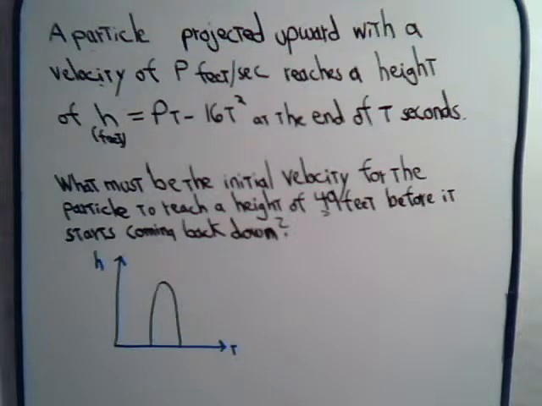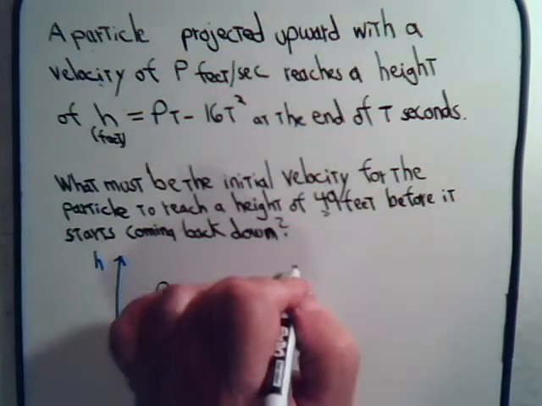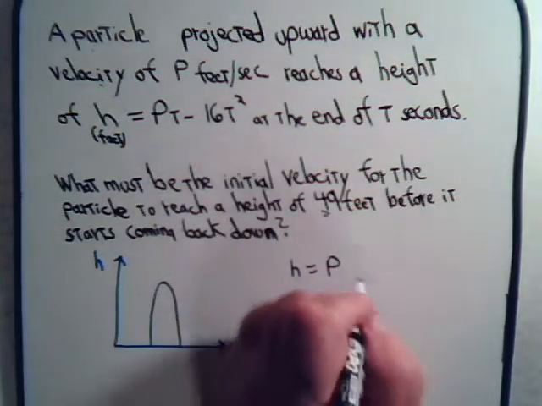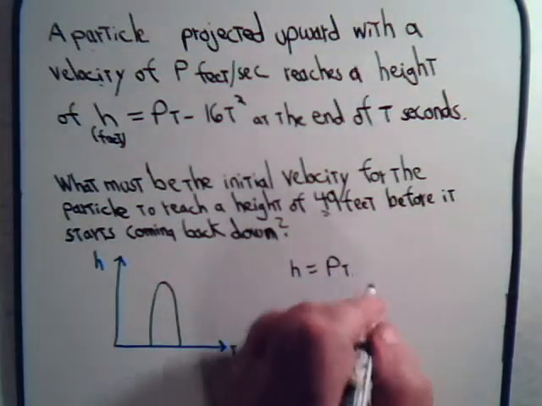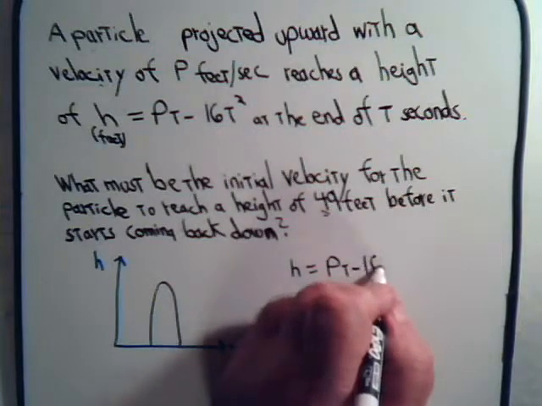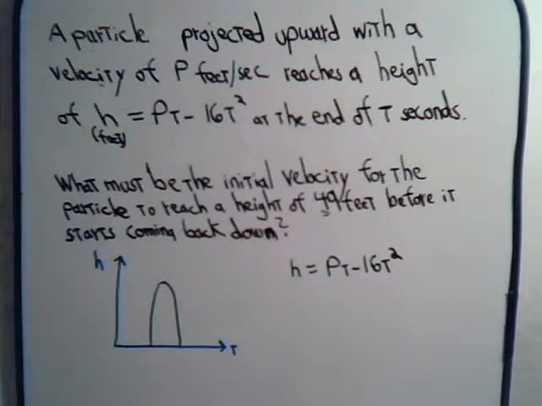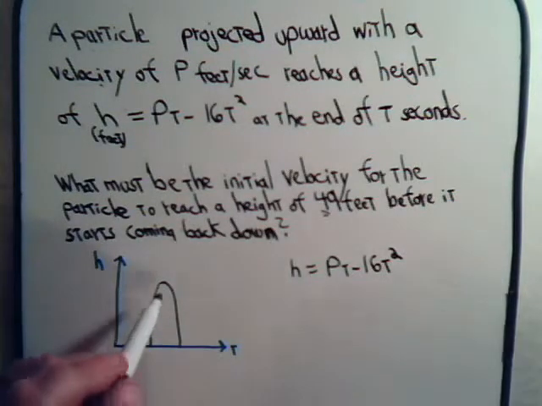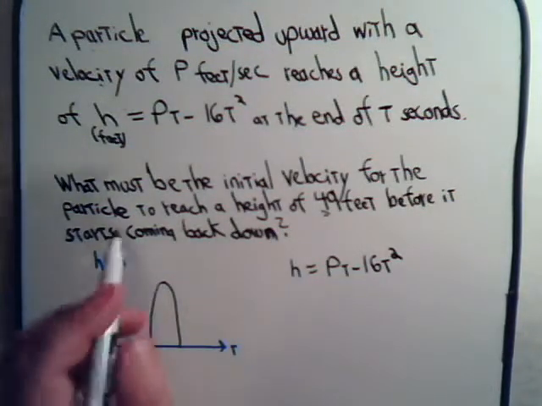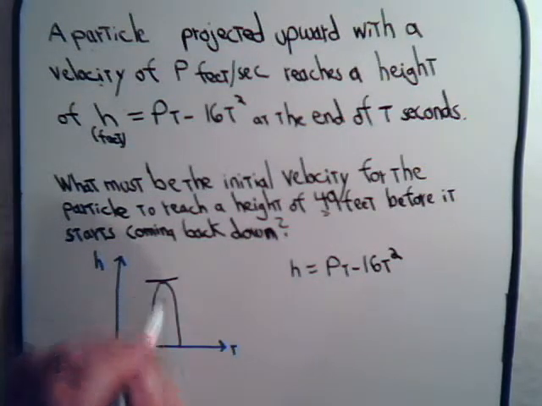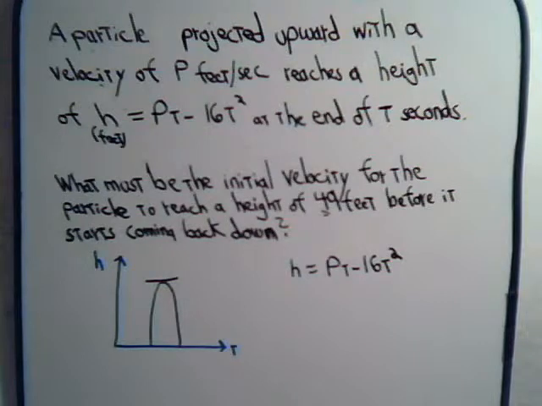And we know what the equation of this curve is. It's h equals our initial velocity multiplied by the time minus 16 times t squared. And when it reaches that maximum height, right there, the slope of that curve is 0.